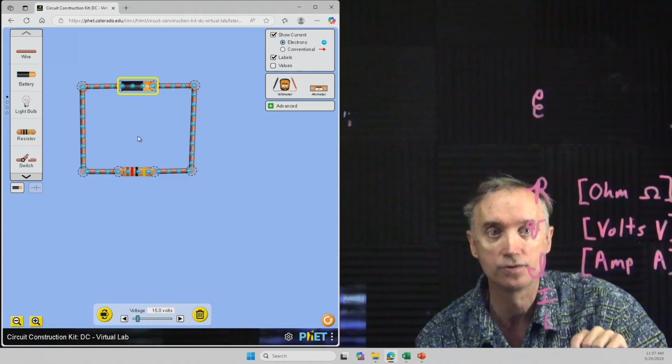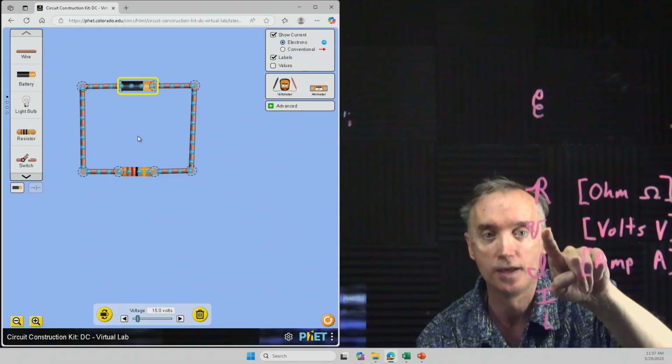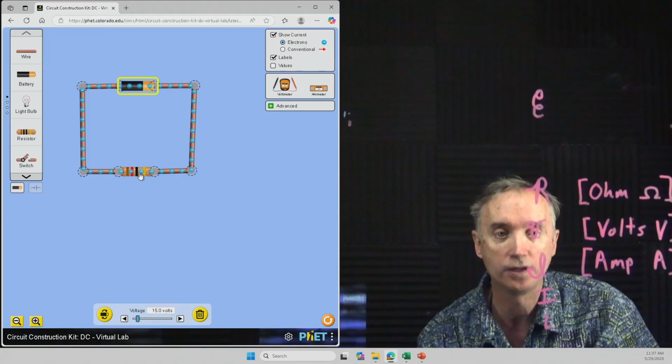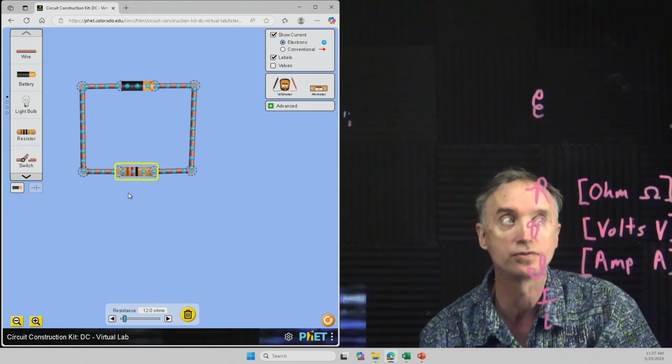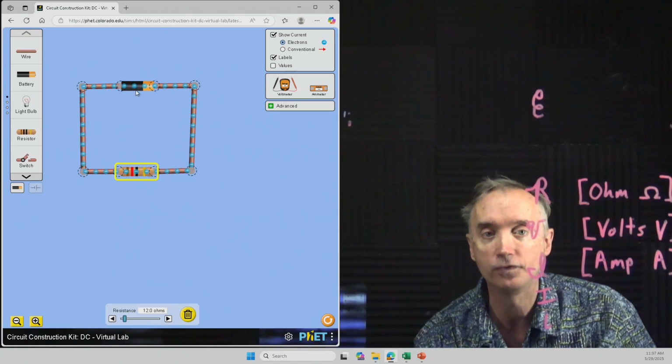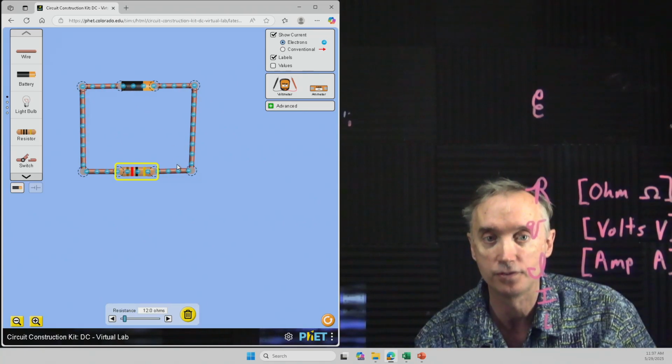So 15 volts is going to be our voltage. And then for the resistance, click on the resistance thing, and then you're going to adjust that until it's a 12. So you want 12 ohms for your resistor, and then you want 15 volts for the voltage.